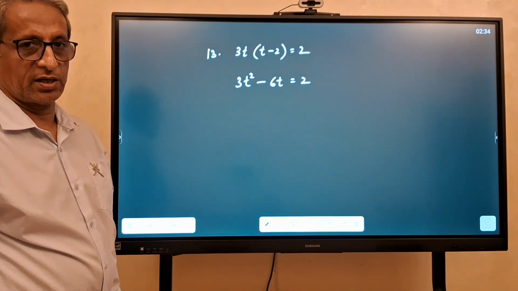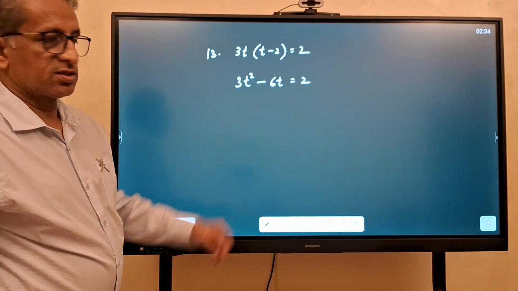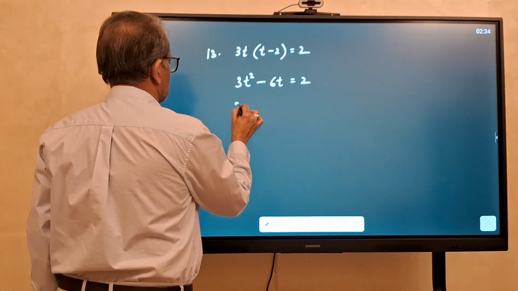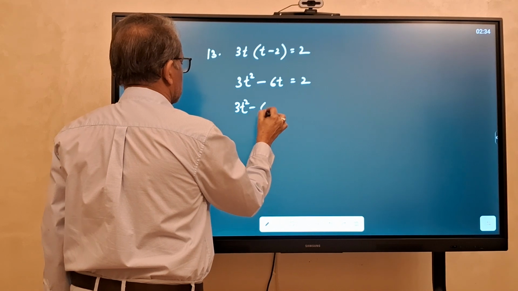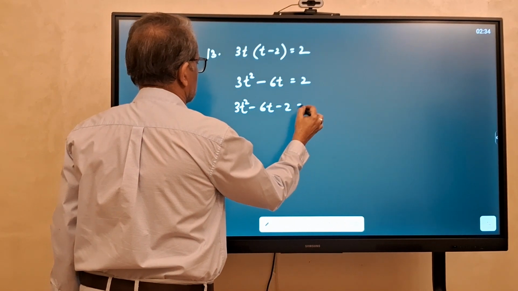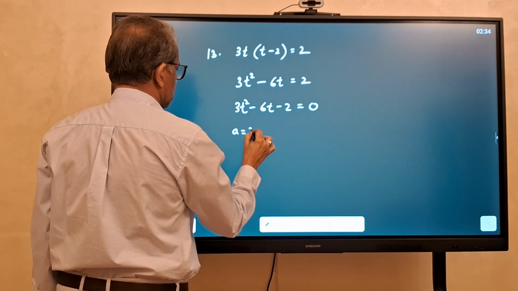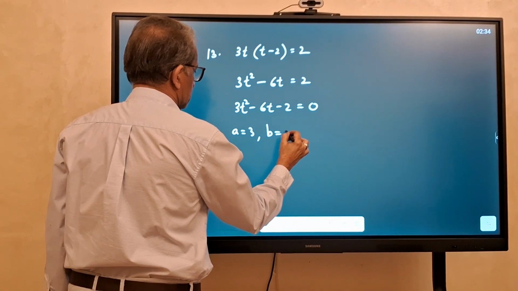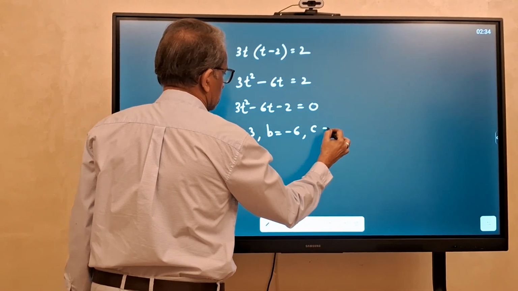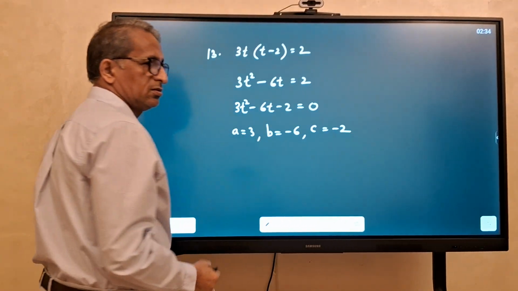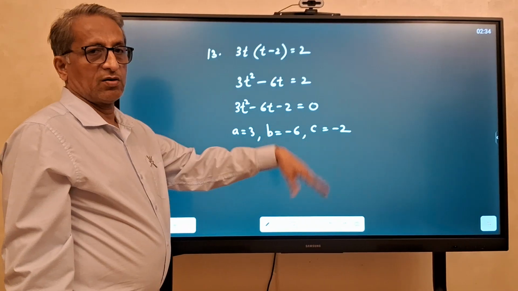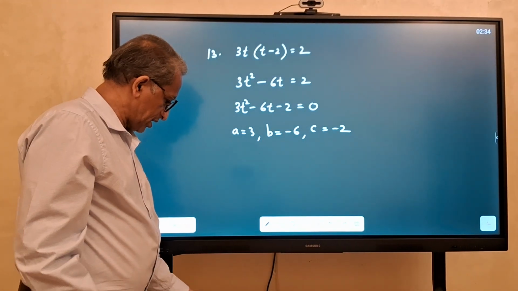Right hand side is not 0. Make it 0. 3t square minus 6t minus 2 equal to 0. Now find a, b, c. a is 3, b is minus 6 and c is minus 2. Then put this in the quadratic formula and find the answer.